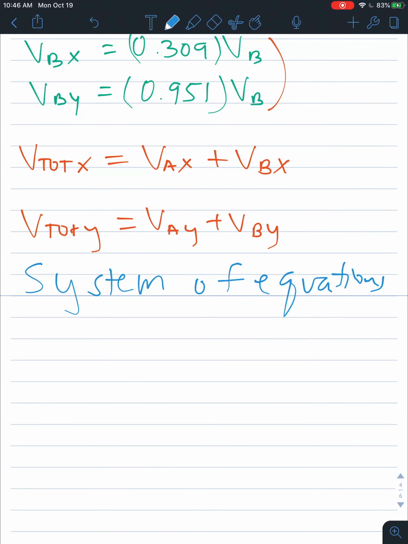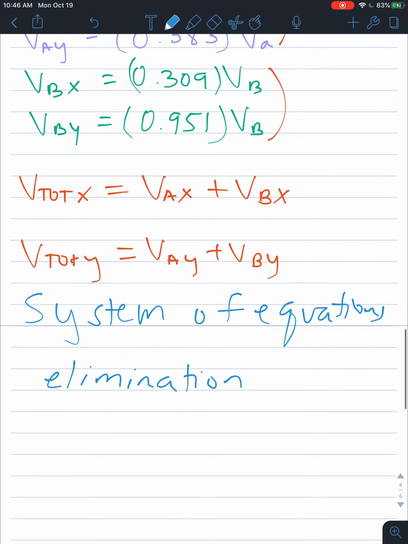As a reminder, if you're like, oh man, I don't remember how to do those, systems of equations you can either solve using elimination, which is going to be more difficult here. Elimination is when you try to multiply the equations so that VAX and VAY cancel each other out, right?